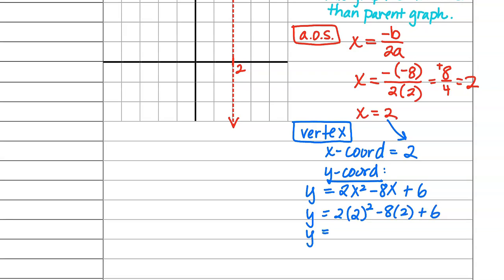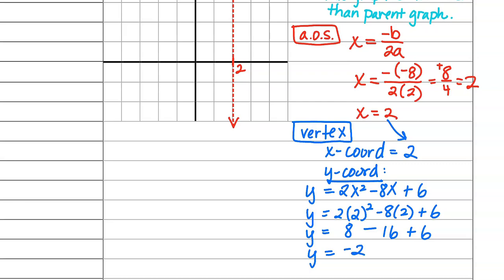What is 2 squared, you guys? 4. And then 4 times 2? 8. So I'm going to write 8 here. Minus, and then 8 times 2 is 16, plus 6. 8 minus 16 is negative 8. Negative 8 plus 6 is negative 2.